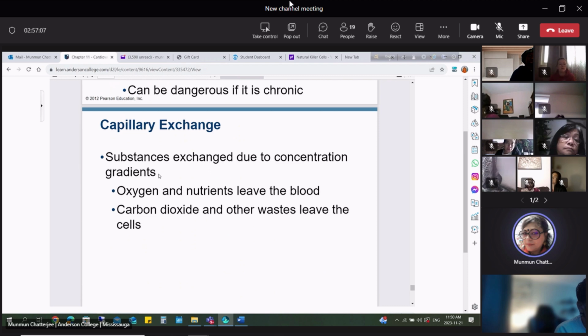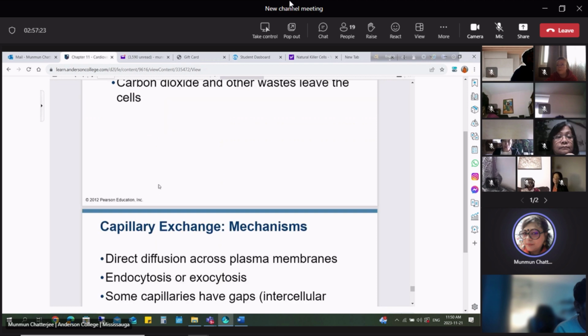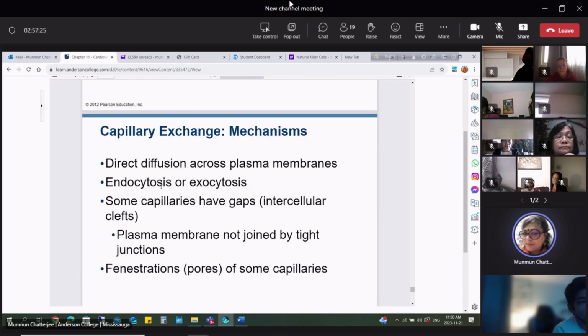What are the things getting exchanged in the capillary network? Oxygen and nutrients leave the blood and go to the tissue, and from the tissue or the cells, carbon dioxide and other waste leaves the cell. This is generally by simple diffusion across the plasma membrane.